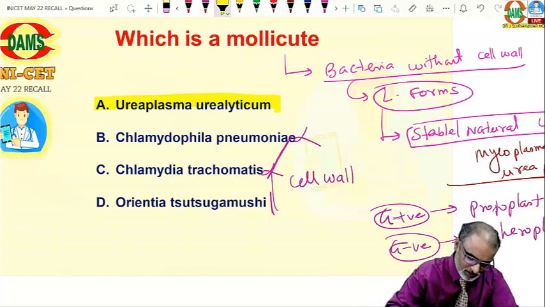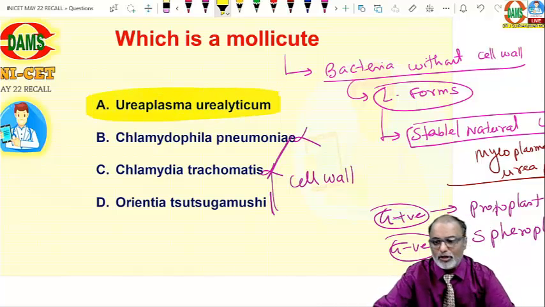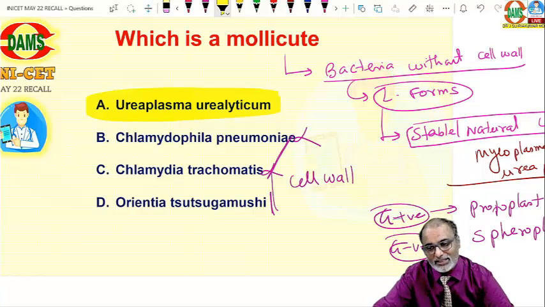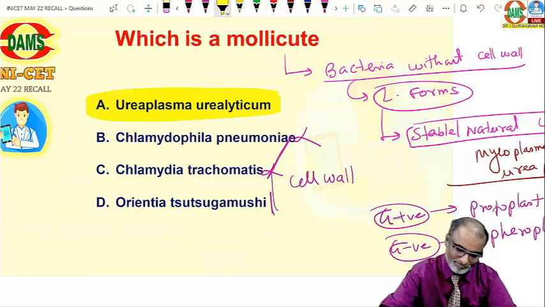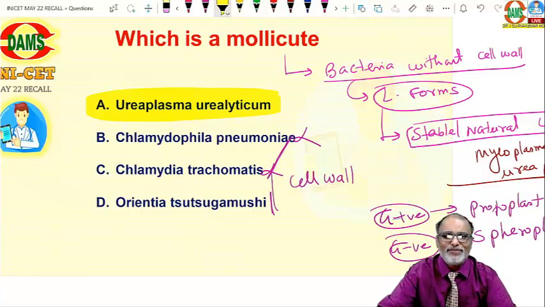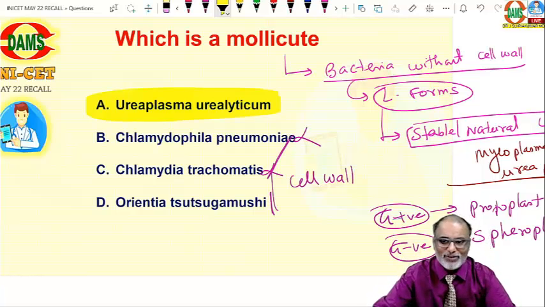So ureaplasma comes under the group called mollicutes. Where there is an absence of peptidoglycan cell wall, which is present in all other bacteria except this group of bacteria, we call it mollicutes. Molli means soft, cutes means skin. So without cell wall, they look very soft.